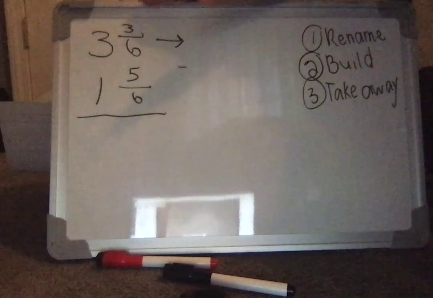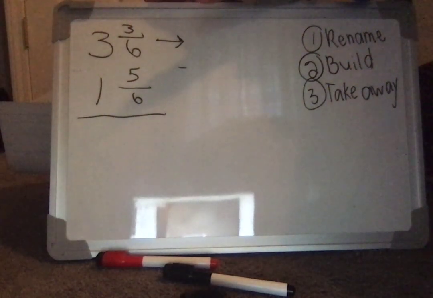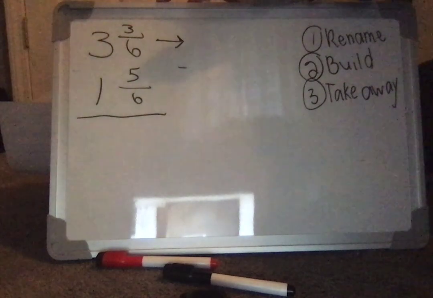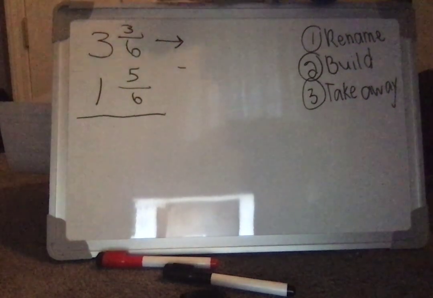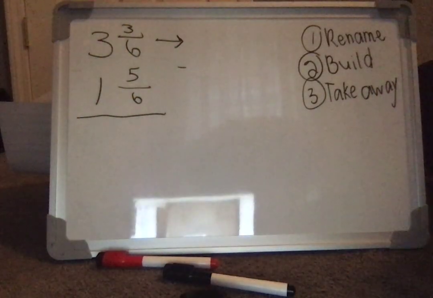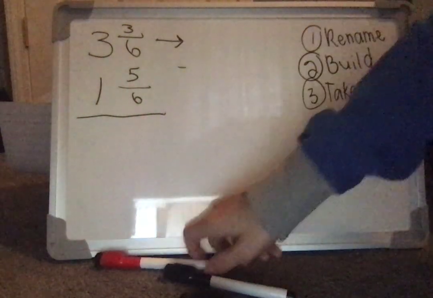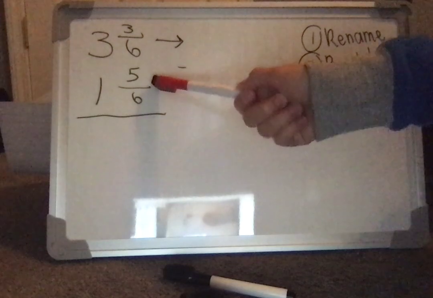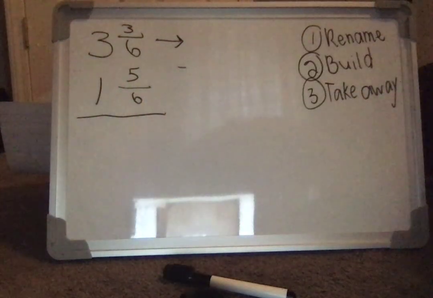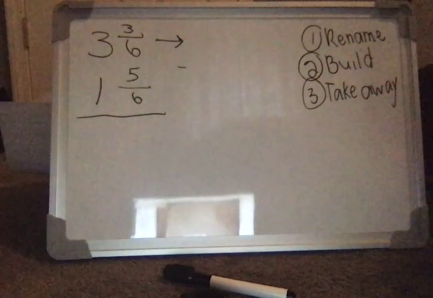Okay, so our next problem, which is also on page 16 in your worksheet, is 3 3/6 minus 1 5/6. So I'm noticing right away again, I cannot take 5/6 away from 3/6. 5/6 is bigger than 3/6.